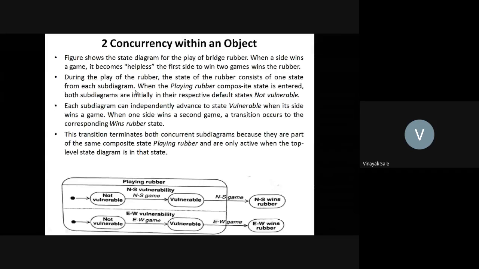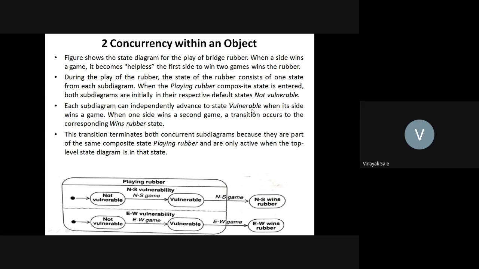When the playing rubber composite state is entered, both subdiagrams are initially in their respective default state, not vulnerable. Each subdiagram can independently advance to state vulnerable when its side wins a game.